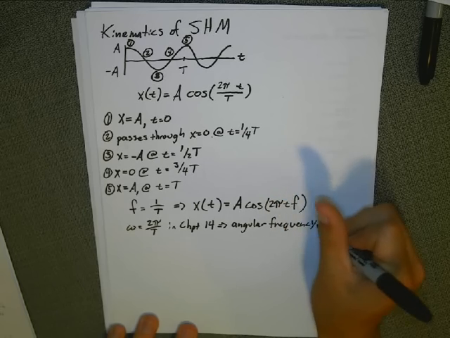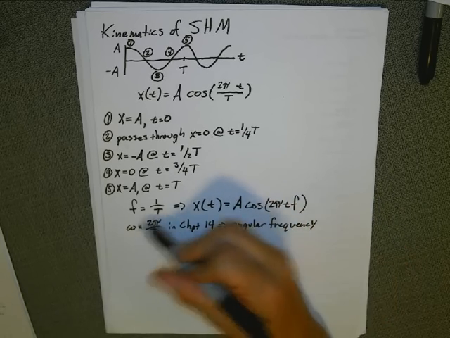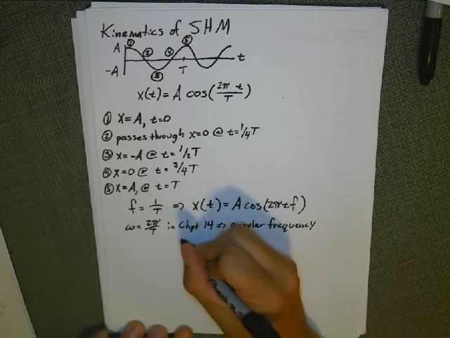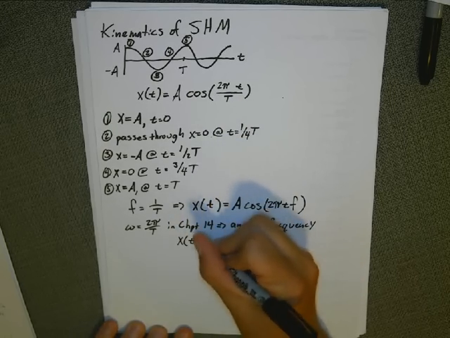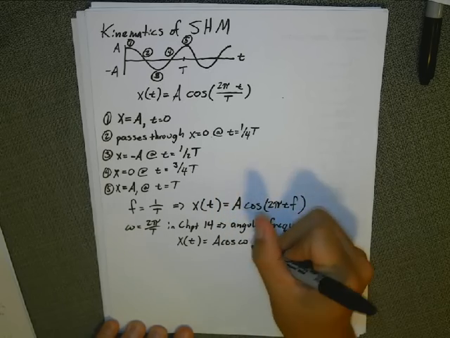We can sub this into our original equation, and we get something even easier: x of t equals A cosine omega t.